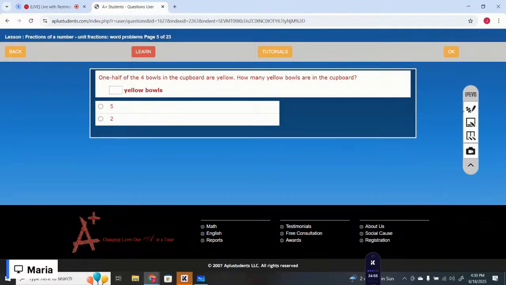One half of the four bowls in the cupboard are yellow. How many yellow bowls are in the cupboard? So, which is the correct option?